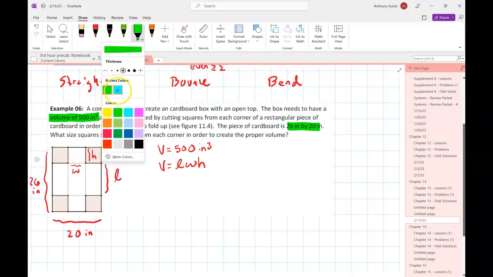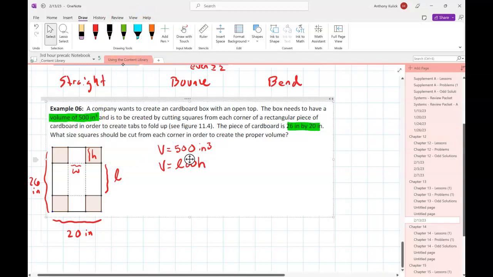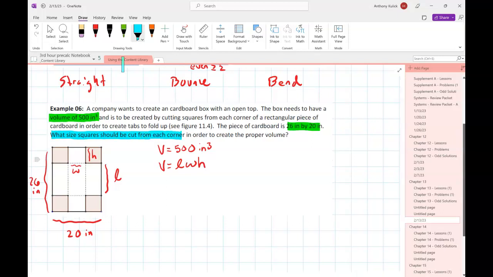And what is this question asking for? So I'm going to call that distance x. Everybody okay with that?